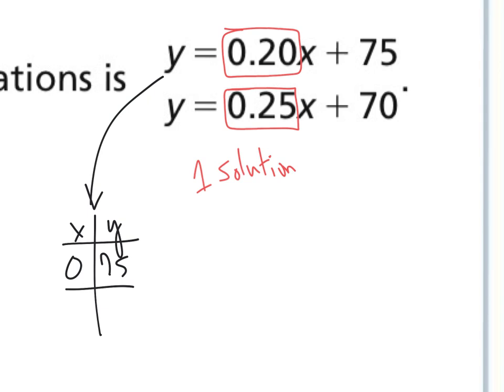We're probably going to talk quite a few minutes, so maybe let's say 100 minutes and see how much that costs. If you do 0.20 times 100, that's just going to move your decimal over 2 spots. That'd be $20 plus 75, that'd be $95. That would be another point on that graph. And we could find another one as well.